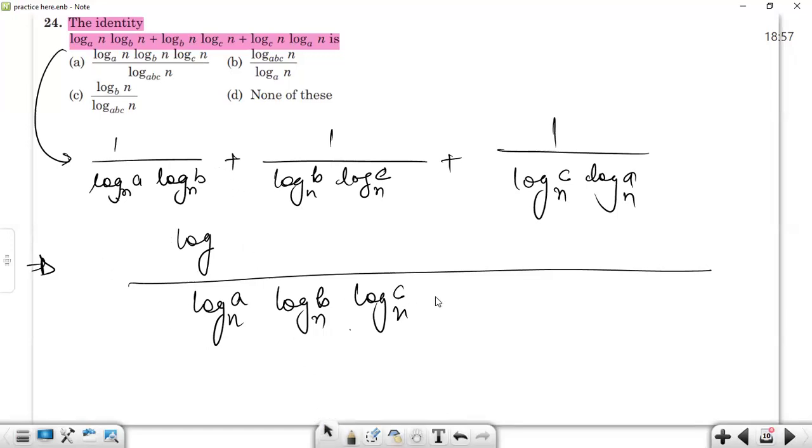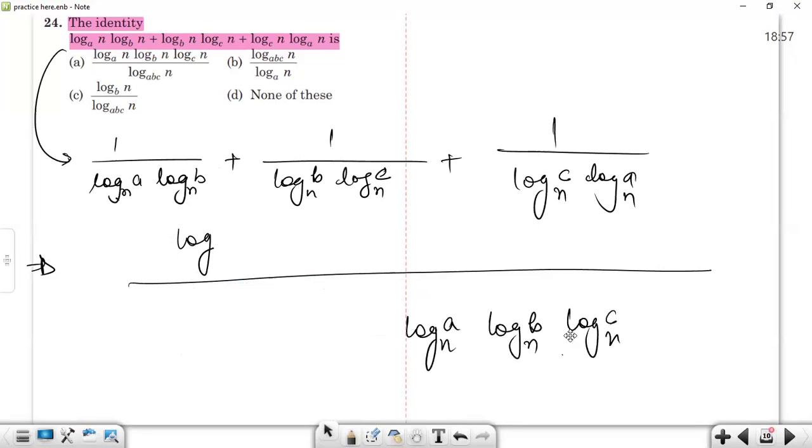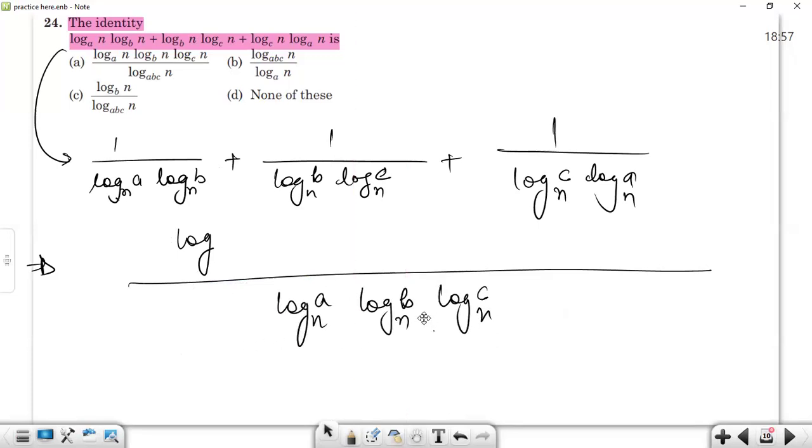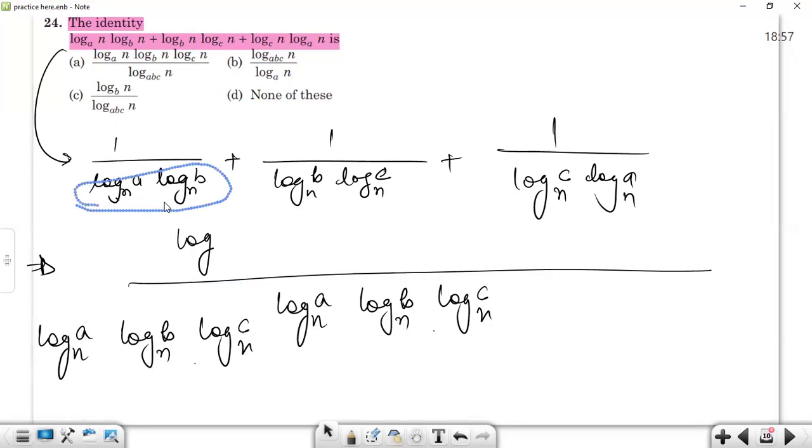Means law, which law? A, B. This term is getting divided by this. Then log C will be there.